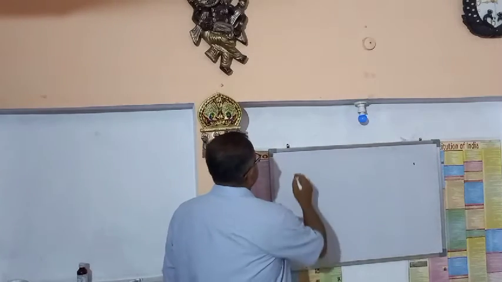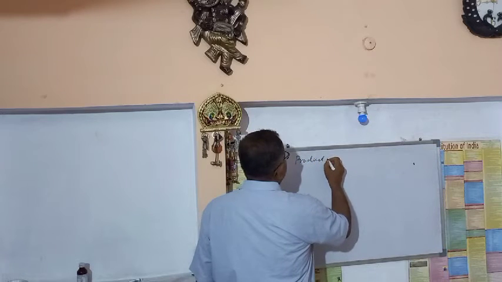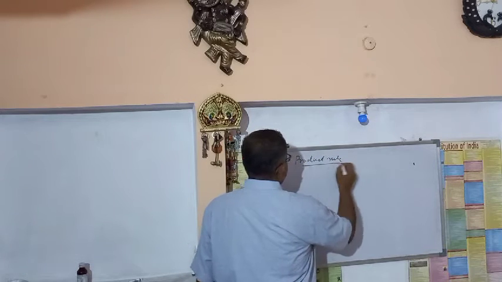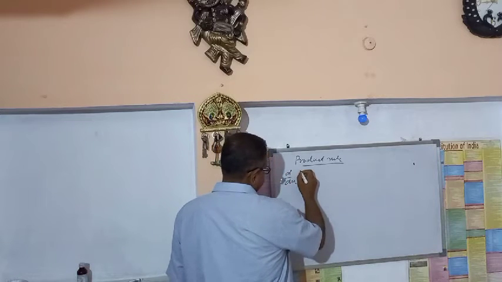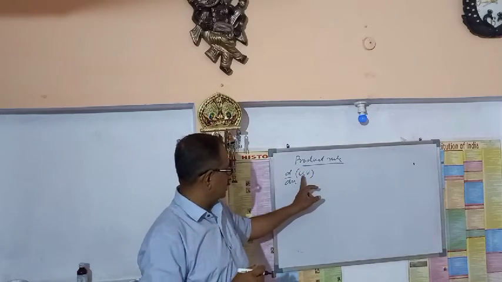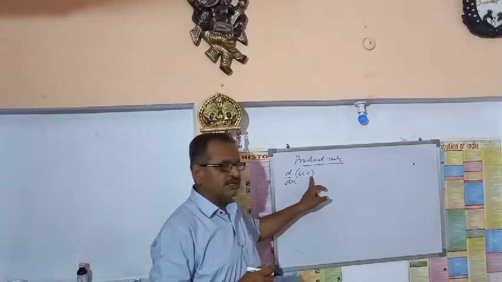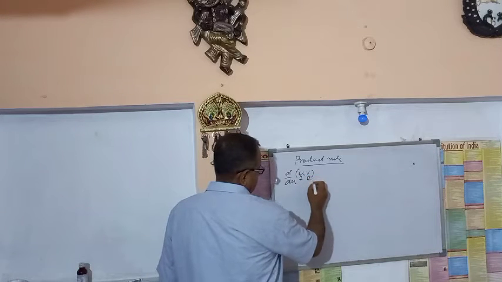Product rule. What is the product rule of differentiation? d by dx of the product of two functions u and v. So let us suppose u is the first function, v is second.